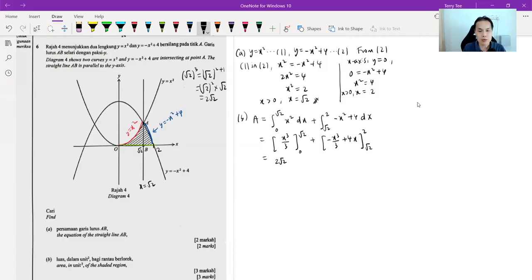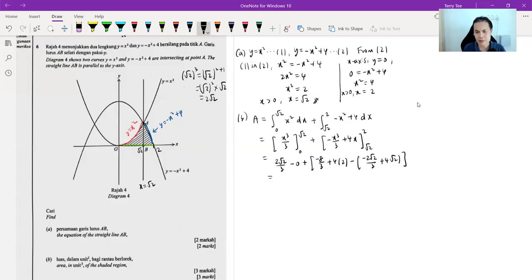So this is 2√2 over 3 minus 0. Now, likewise, when I substitute 2√2 inside, this one is 8 first, 8 over 3 plus 4 times 2√2. Let me put a round bracket. Notice the minus becomes a plus here.